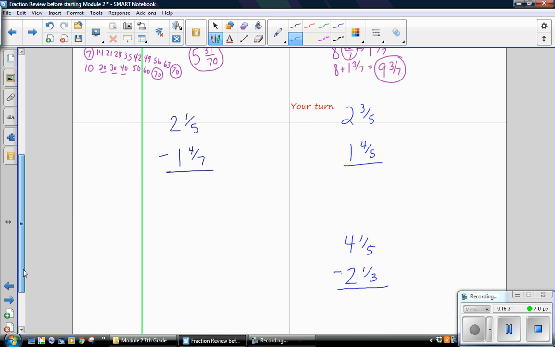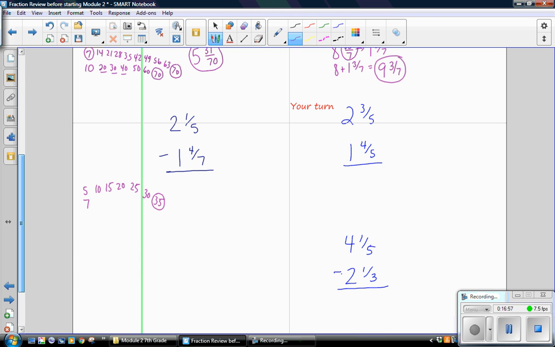In our final example, we're subtracting and we have different denominators. So we want to know what is the least common multiple of 5 and 7. The multiples of 5: 5, 10, 15, 20, 25, 30, and I haven't gotten to a number yet that divides by 7, so I keep going. 35, and there we go.